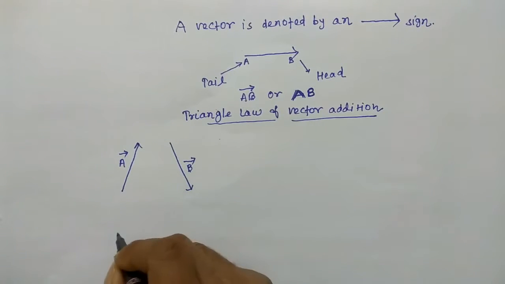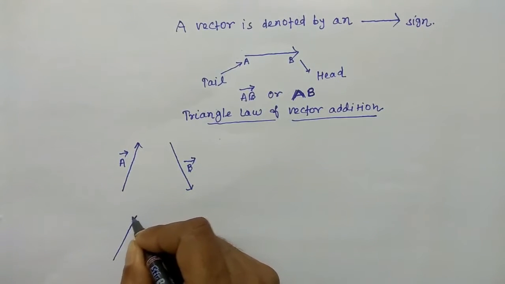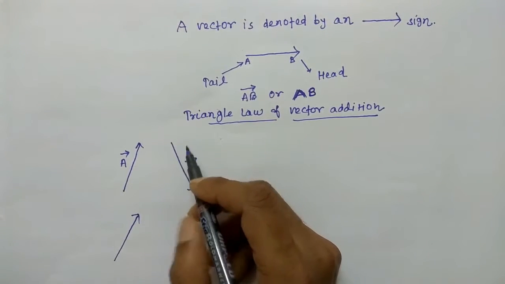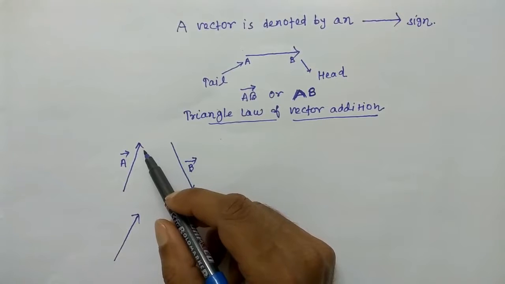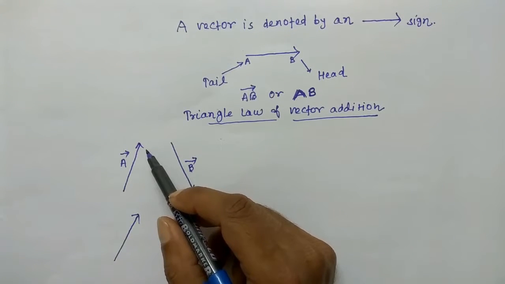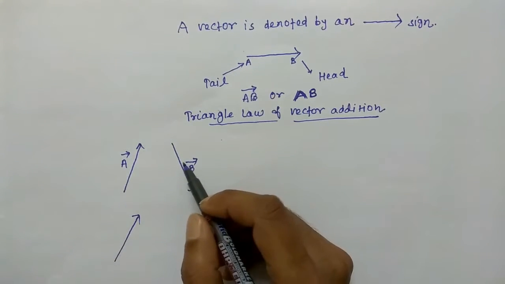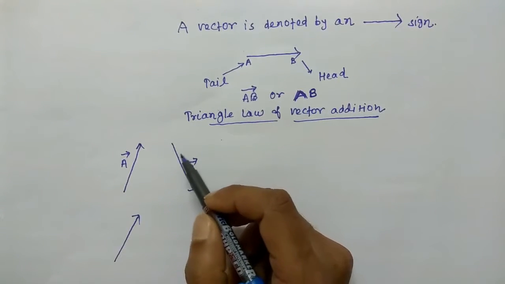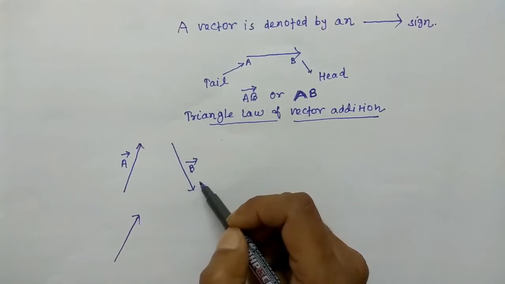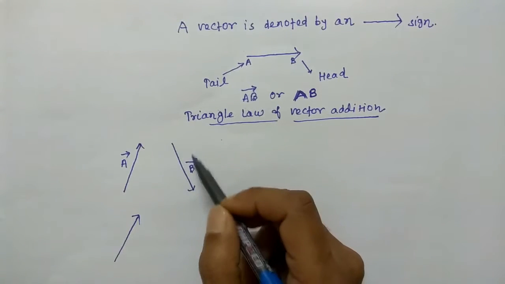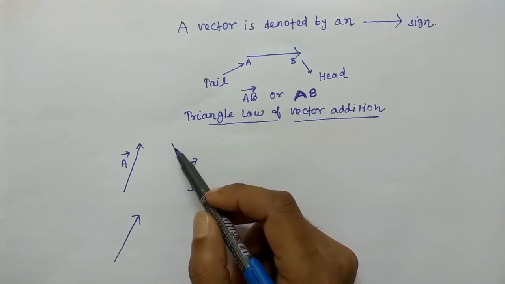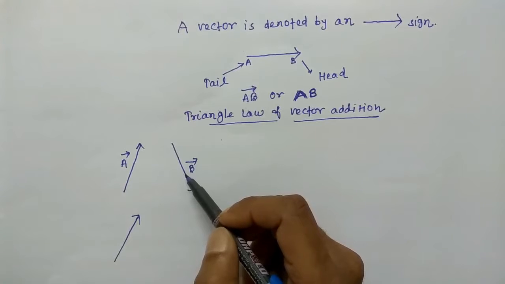We have to put the second vector tail on the first vector head without changing the direction of the second vector, because changing the direction of a vector changes the vector. So keep in mind, you cannot change the direction and magnitude of a vector.